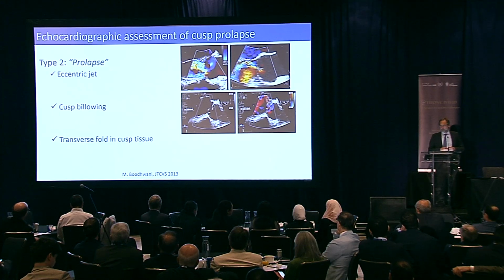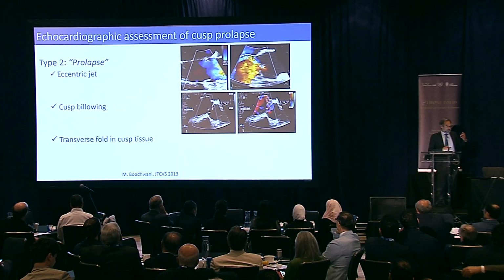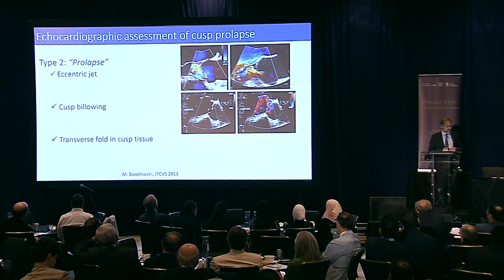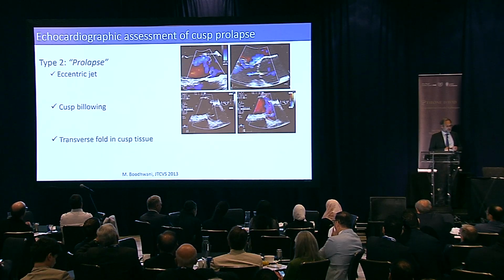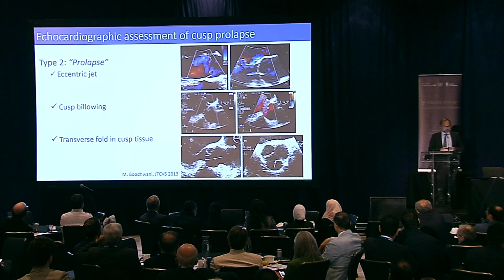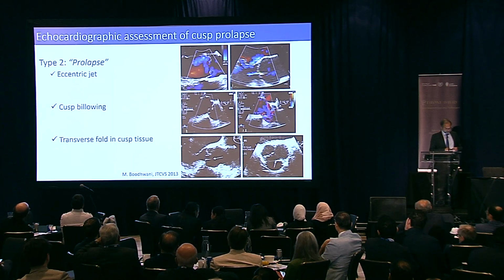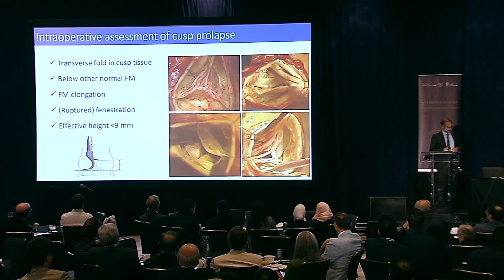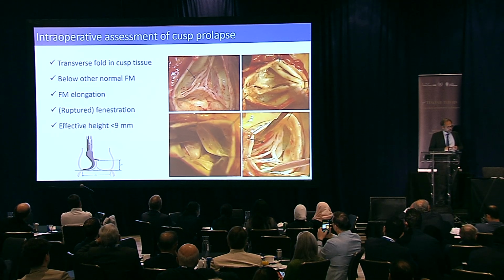How do you diagnose a prolapse? You fundamentally have an eccentric jet. You may have cusp billowing, and you may observe a transverse fold in the leaflets, especially in the tricuspid valve. During surgery, you see very clearly this fold that crosses the middle of the leaflets.